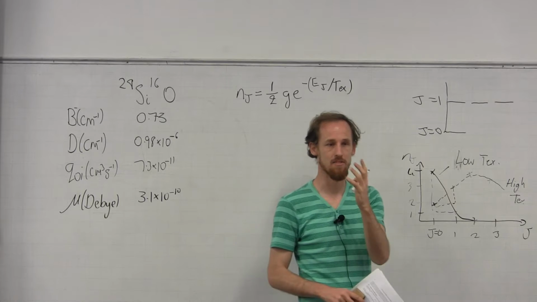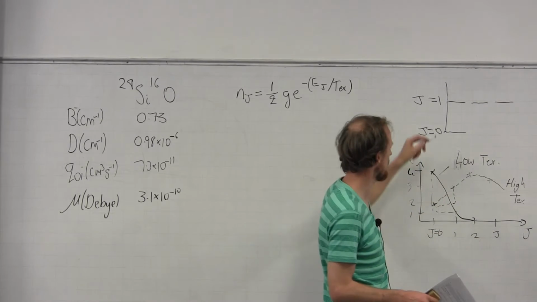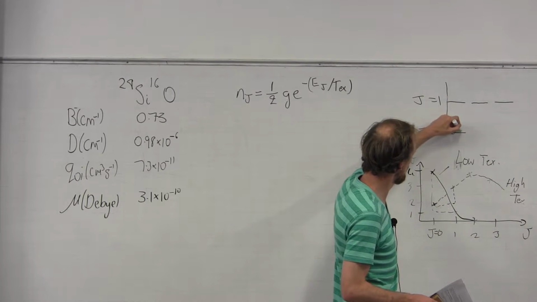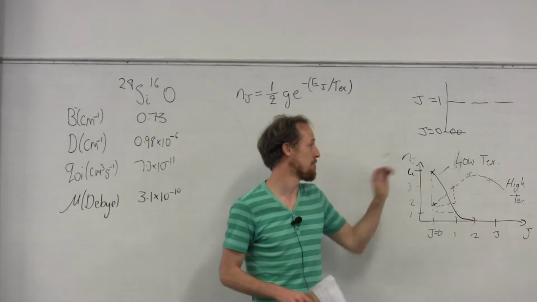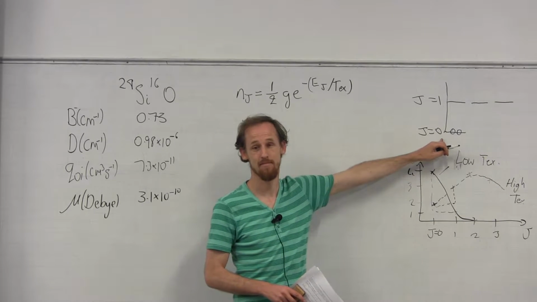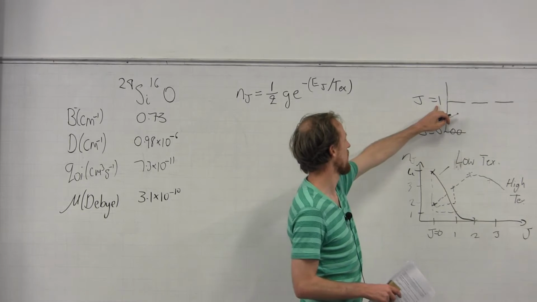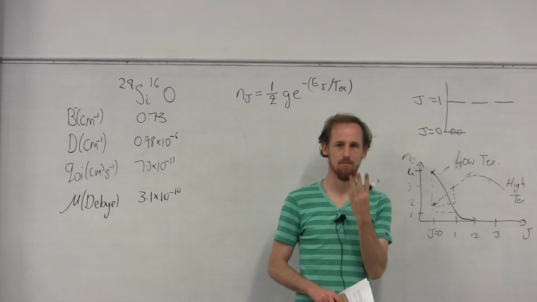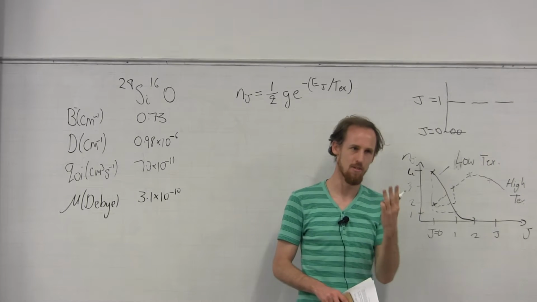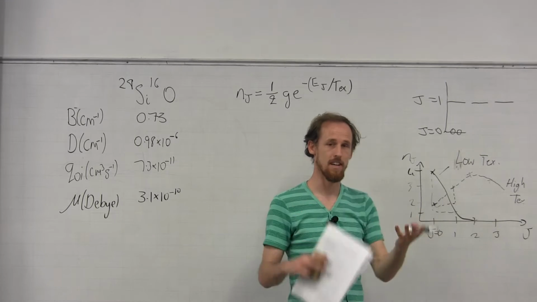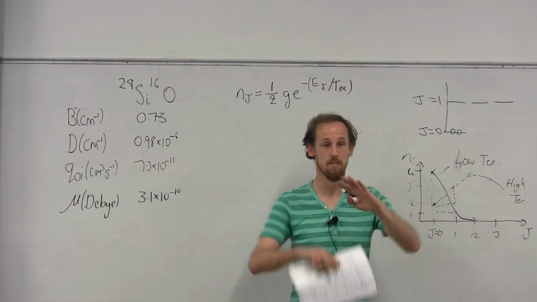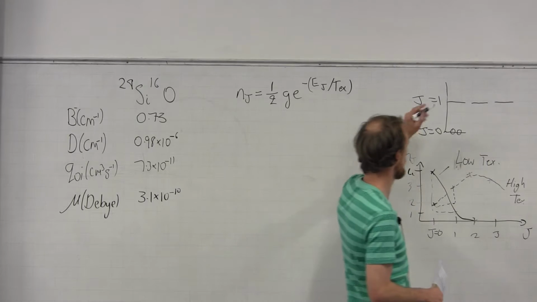There's one way you can have a molecule not rotating. If you have a J equals 1 molecule, there are three ways for a molecule to rotate with J equals 1. That's the quantum mechanics to do with the fact that you have to have a whole number of waves, but in more than one dimension, which makes it more complicated.